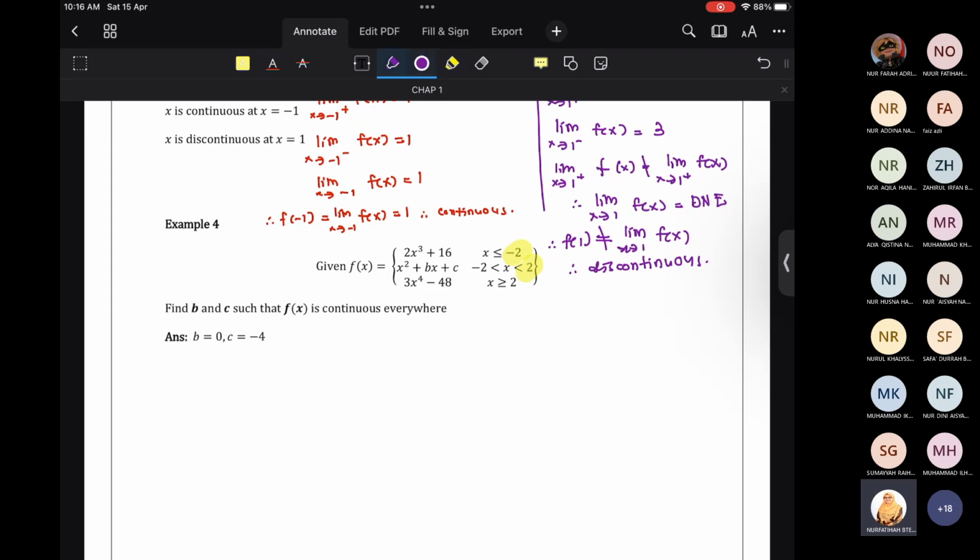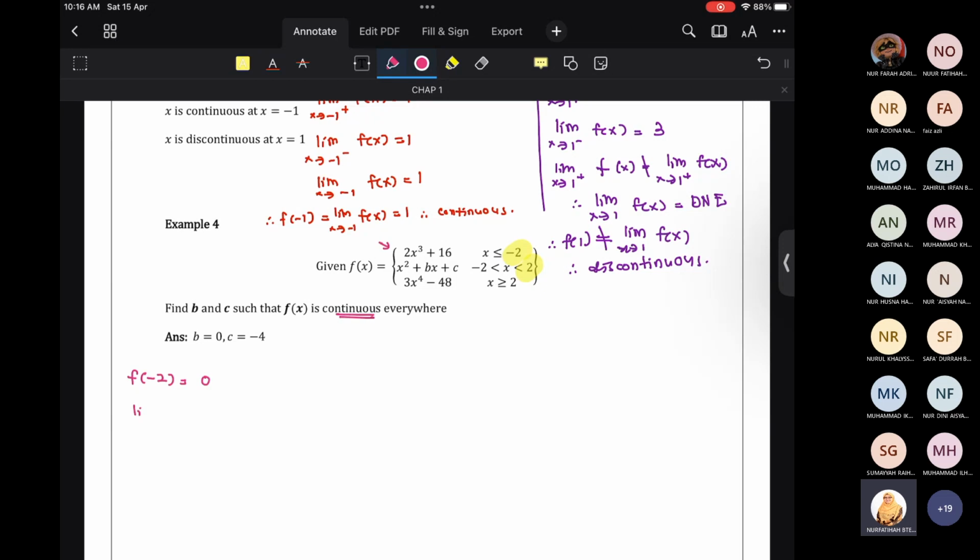Let's start with f(-2). What will you get? The first function, you just substitute. What do you get here? 0. Okay, 0. And then you find its limit. You will use the top one because it is continuous. It is already continuous, so the answers must be the same.